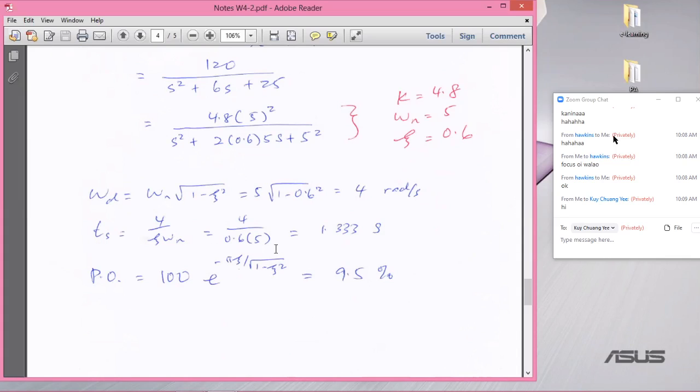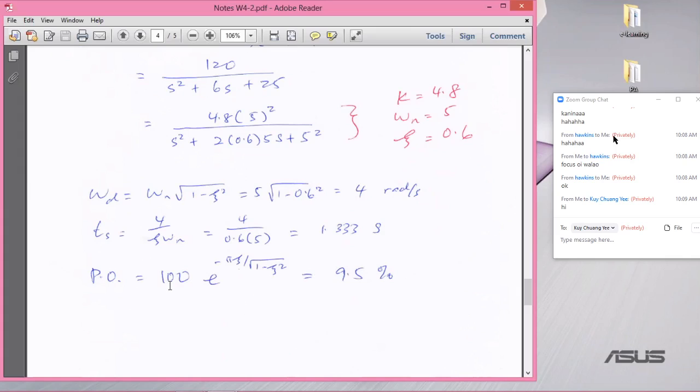The settling time is 1.3 seconds, and then percent overshoot. If you notice here, percent overshoot is just a function of zeta. So when zeta is 0.6, you have less than 10% of overshoot.